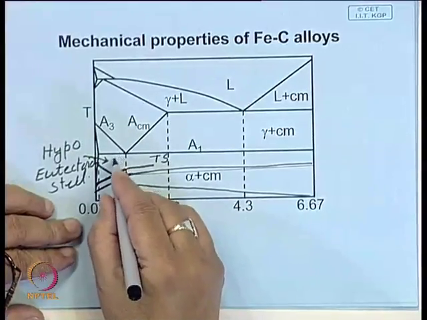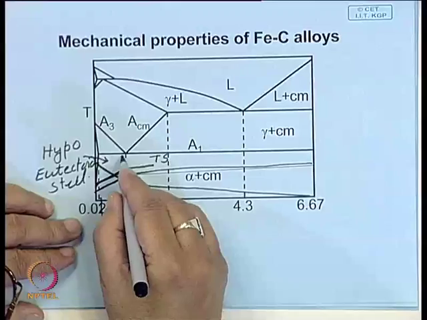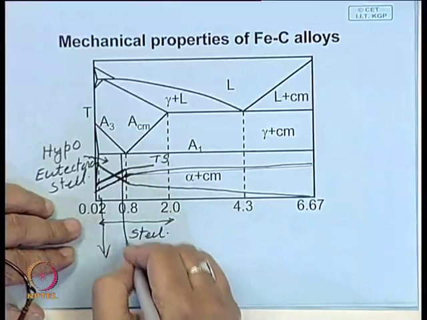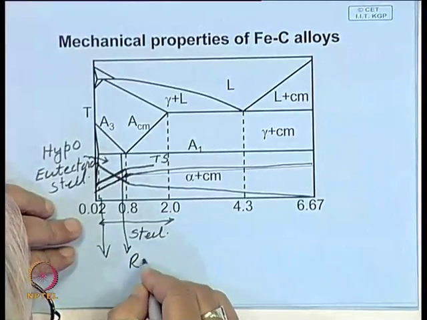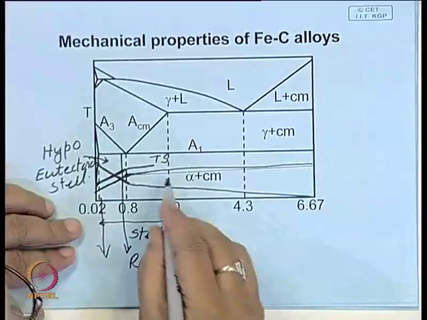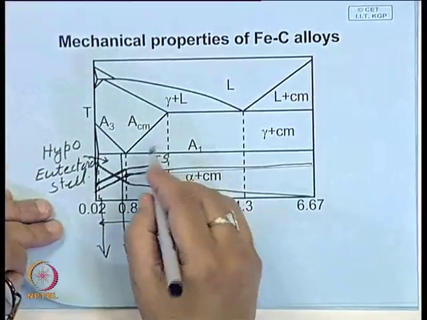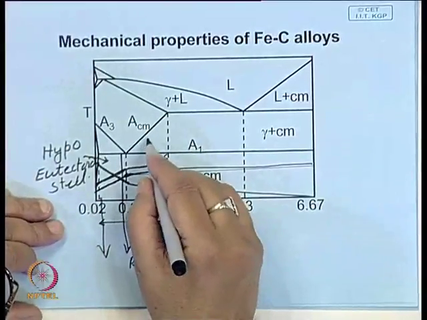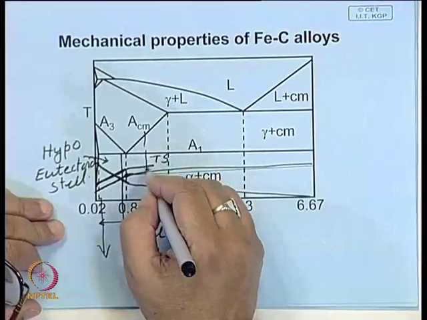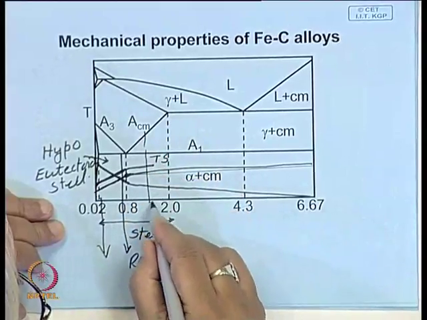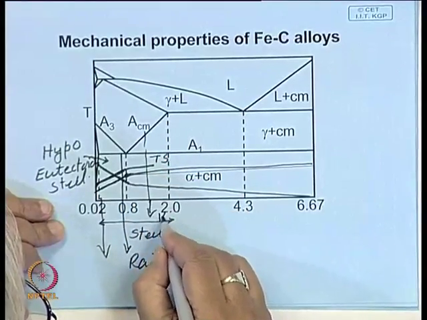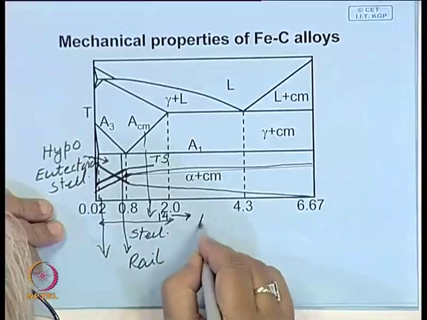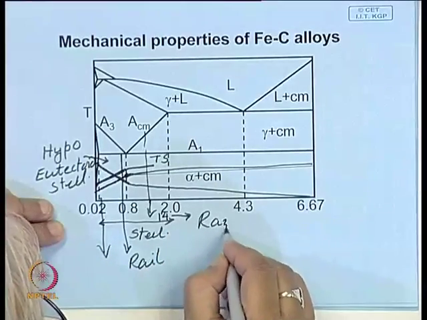Rails are medium carbon steel, maybe 0.6, 0.7 percent carbon. Cutlery, hacksaw and razor blades will have carbon content around 1.4.